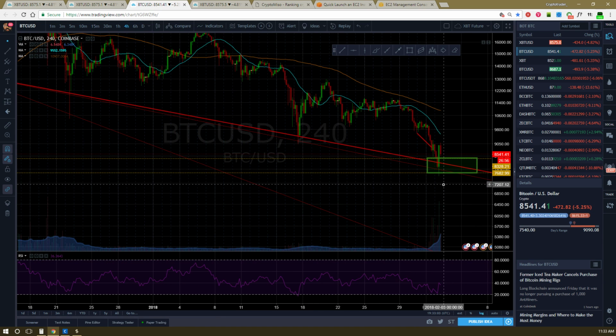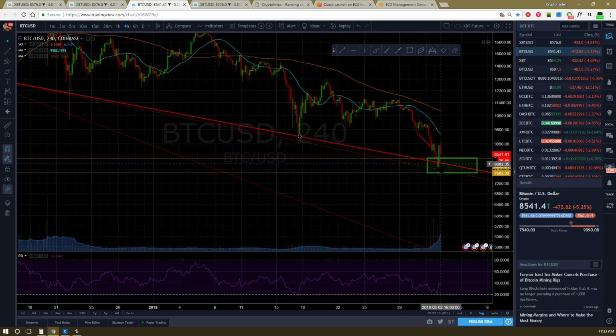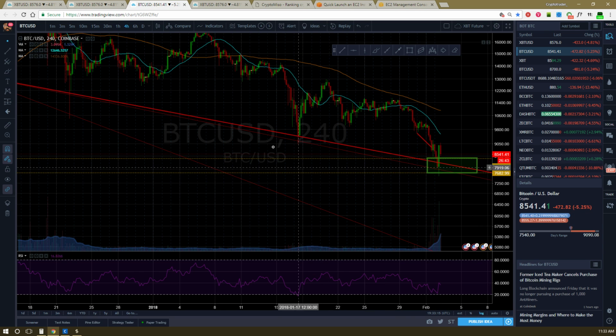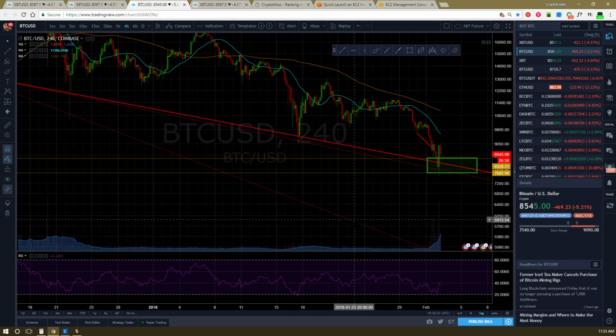This may be the bottom. We're pulling up out of here, right where we're supposed to pull up out of here. Great stuff. This is great stuff. Great times.